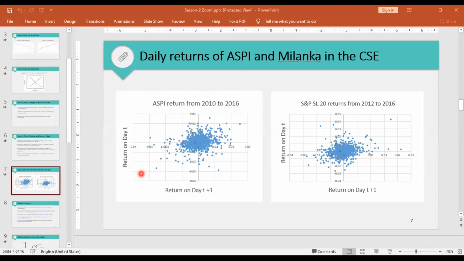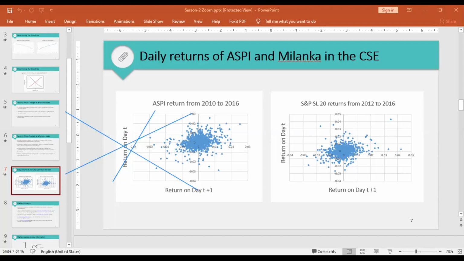Is there any pattern? Can you see a line like this? Let me draw a line. Can you see a line like this, or something like this? Is it possible for us to draw a line with this type of data? No, it is not possible. We cannot see any type of pattern here.